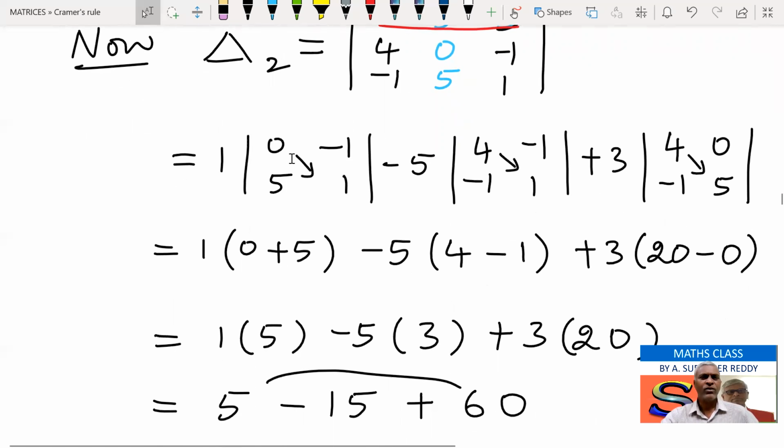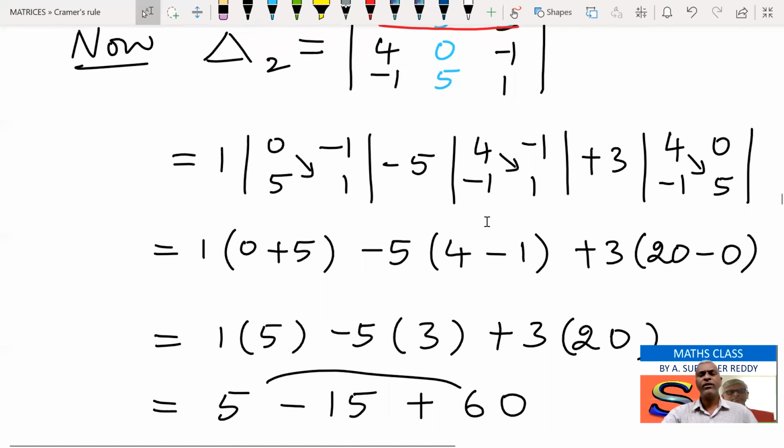So 1 into 0 into 1 is 0, 5 into 1 is minus 5, 5 into -1, minus 5, minus 5 into minus becomes plus 5.